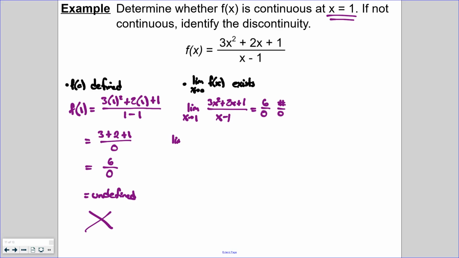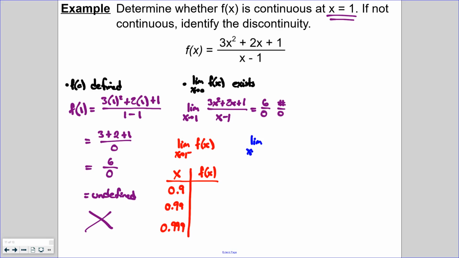So limit as x approaches 1 from the left, actually let's do that in a different color. Lots of purple going on. So limit as x approaches 1 from the left of f of x, we'll have our x and our f of x. And we're going to be approaching 1 from the left, so we'd be using the inputs 0.9, 0.99, and 0.999.